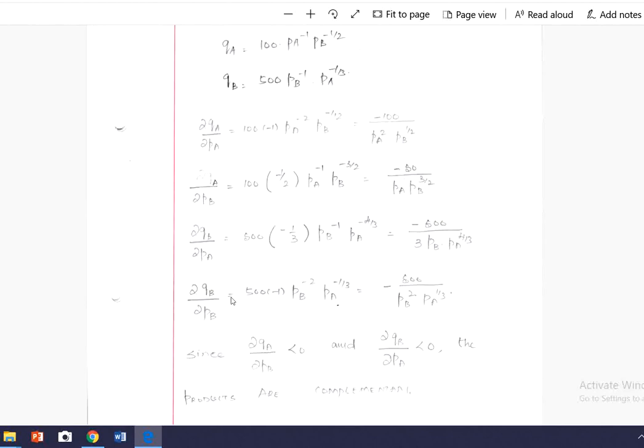And also in dou QB divided by dou PA, here we have a minus. So both very clearly are less than 0. Therefore, dou QA divided by dou PB is less than 0 and dou QB divided by dou PA is less than 0. Therefore these are complementary products. If it is greater than 0, then it is competitive products.